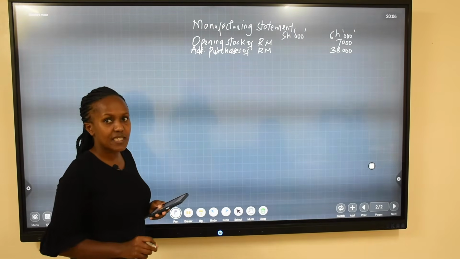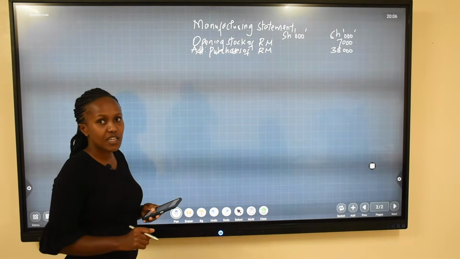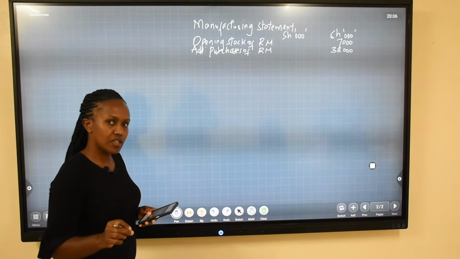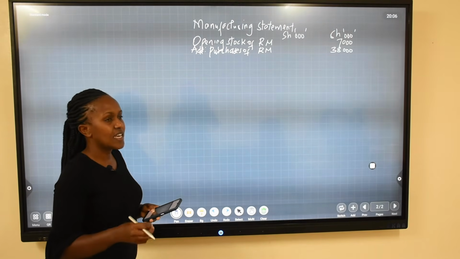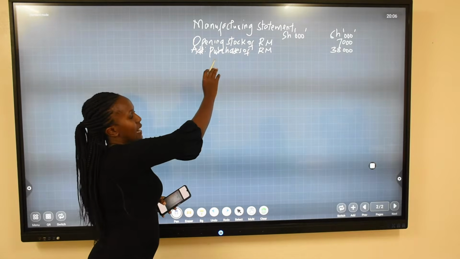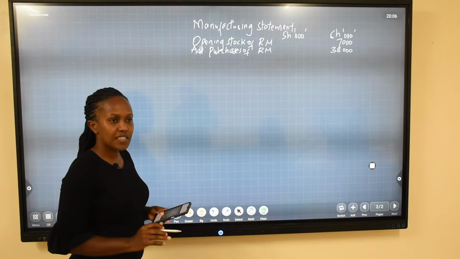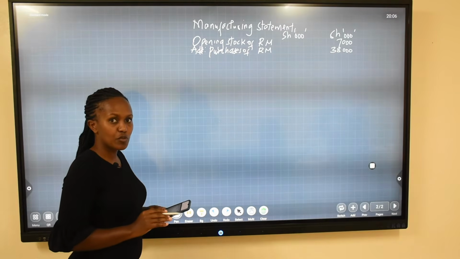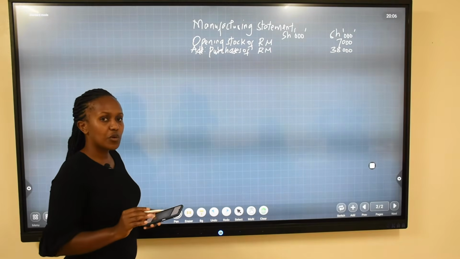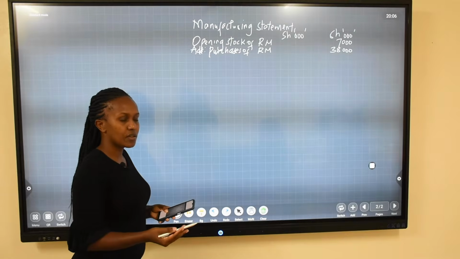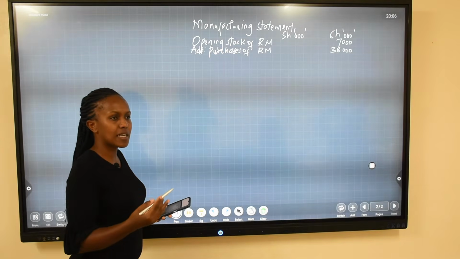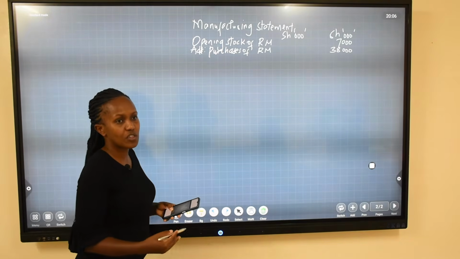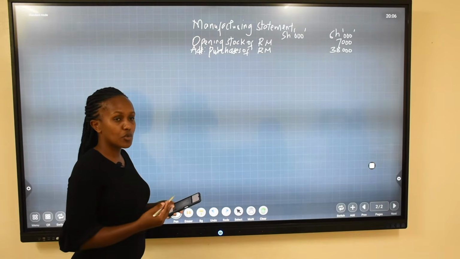Every time we purchase, we have to check for two things. Was there carriage inward on the purchases? If there was carriage inward, we add, meaning that the purchases were carried in at a cost, which becomes now the cost of the goods, also we add. We also check whether there is return outwards. After purchasing, did we return some of the commodities, probably because they did not fit the description of what we wanted?